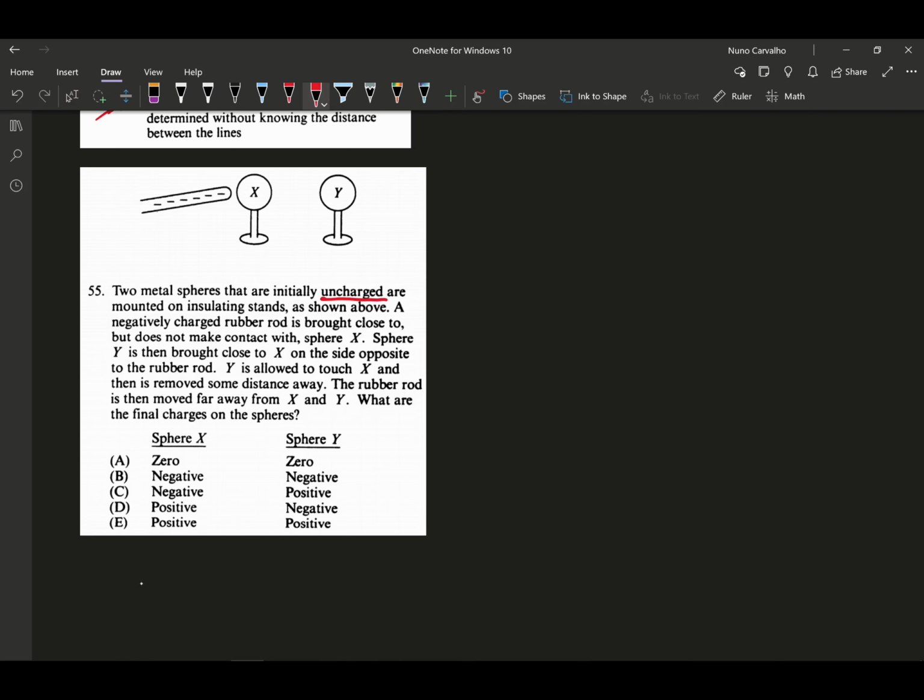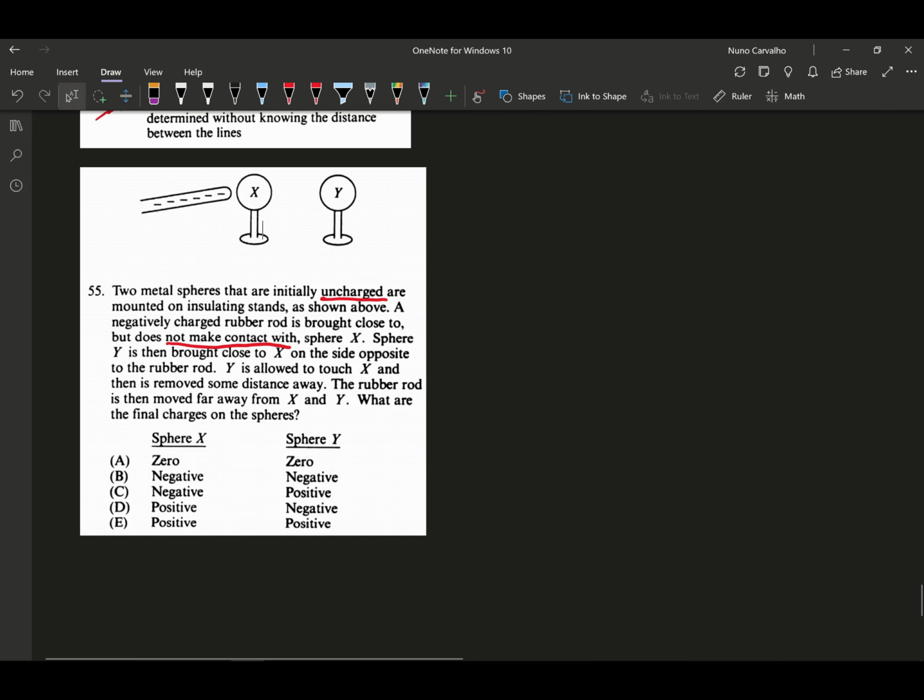A negatively charged rubber rod is brought close to, but does not make contact with, sphere X. Sphere Y is then brought close to X, and it is allowed to touch. So they do come in contact, and then Y is removed back to where it was originally, and then the rubber rod is moved far away from X and Y. Then we're asked what the final charges on the spheres are.